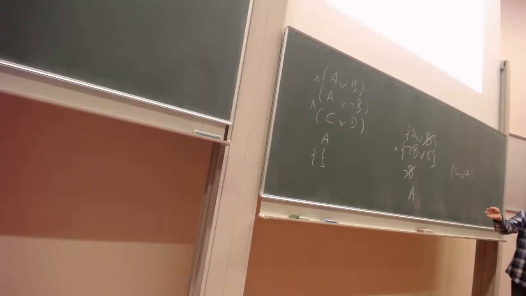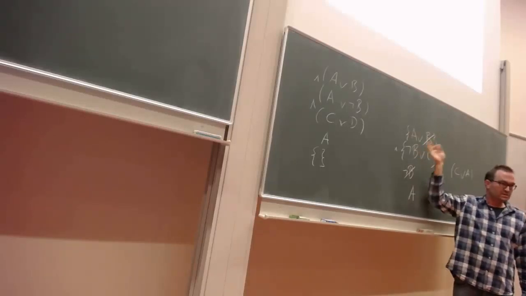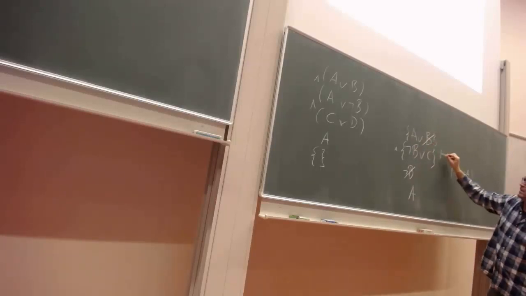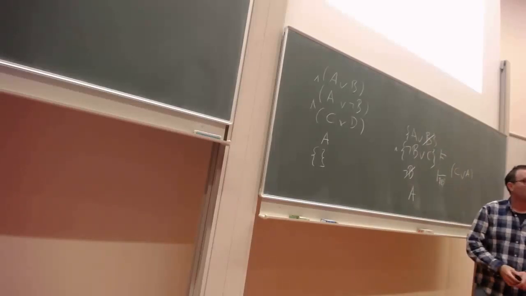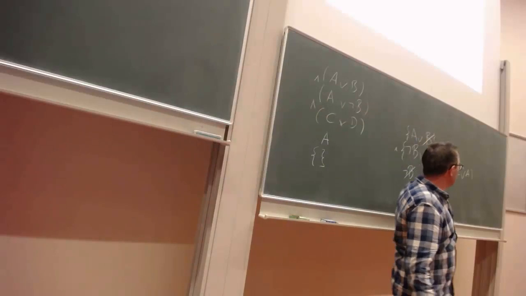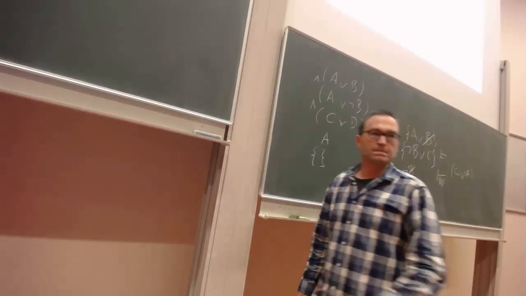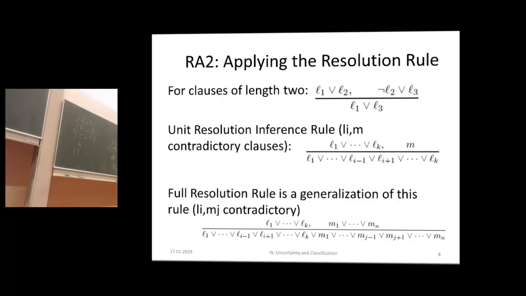So I add the new clause A. But even without knowing whether B is true or false, I can already derive that this must be entailed, so that this should follow from the resolution rule. Yeah? Okay, so it just adds new information, and without knowing what B is, I can already derive that C or A must be true. And this is simply by applying this rule.